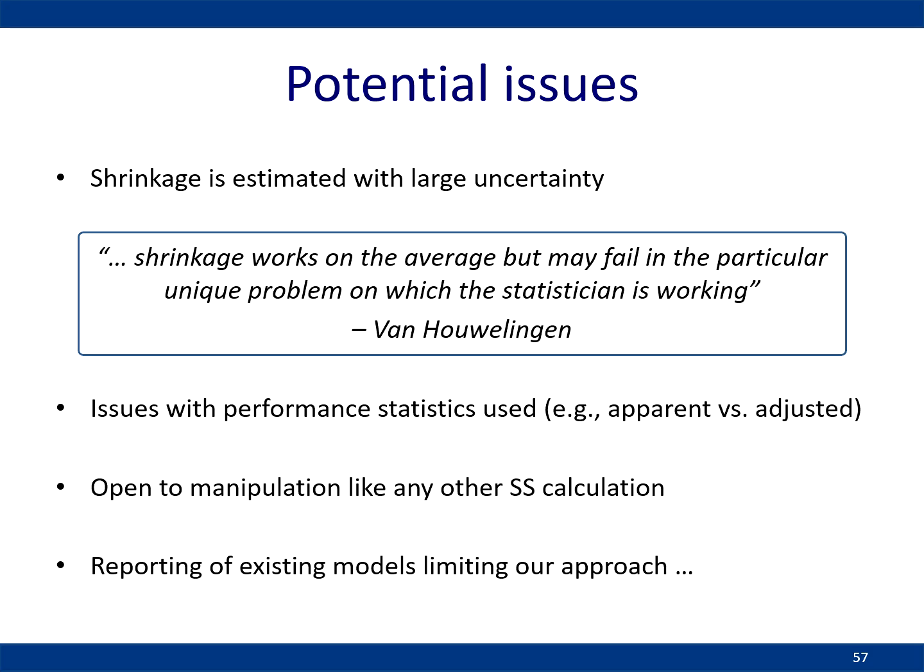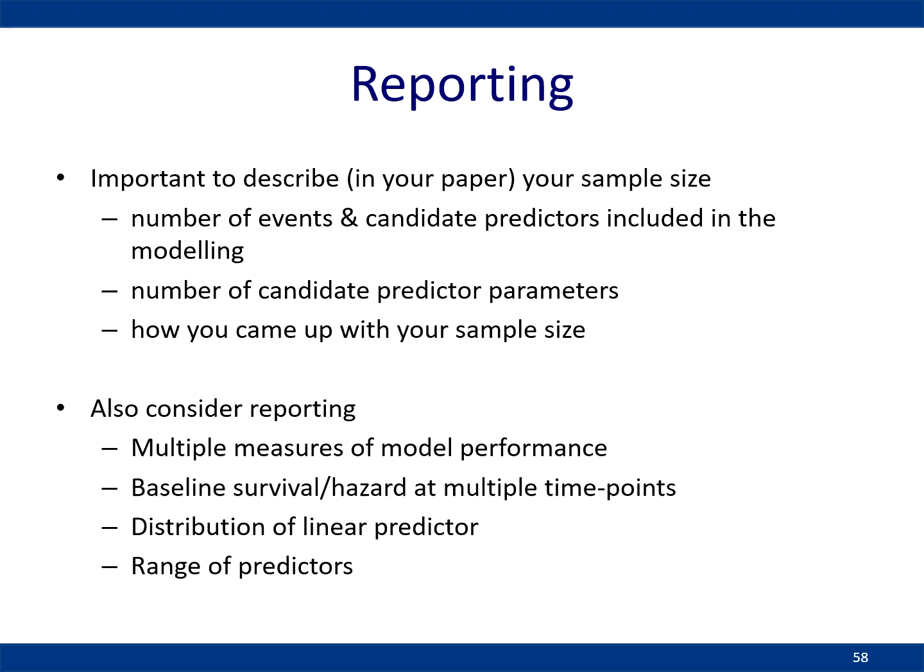And finally, I also want to mention that reporting is a big issue and can be quite limiting to our approach. I mentioned that there are a number of things that we need to specify when we use our calculations, and so it's really important that the prediction model literature reports these things to aid future research on prediction modelling. So let's make a plea for you to report these things in your papers.